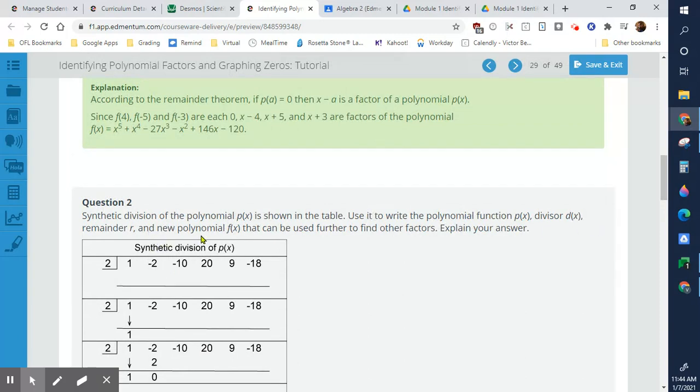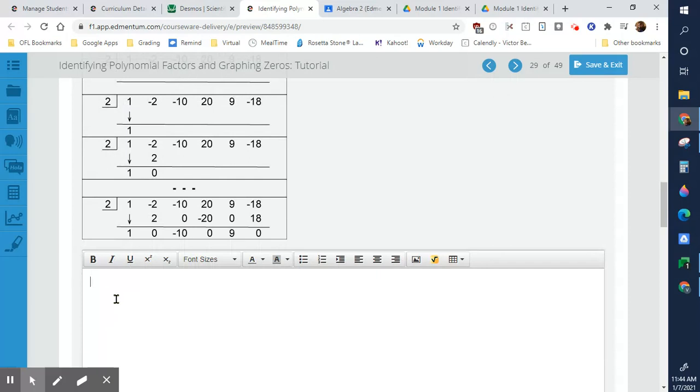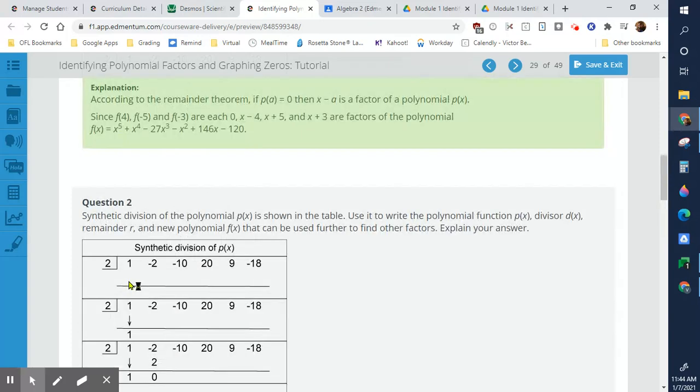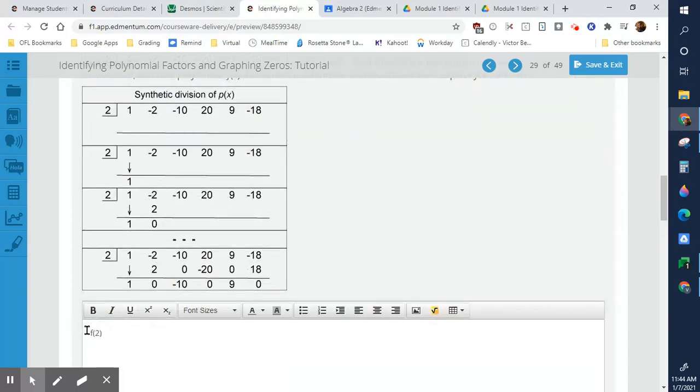So p of x, let me use a different color here. P of x is the original function, as they call it. F of x is our reduced function. R is our remainder. So remainder, original function.